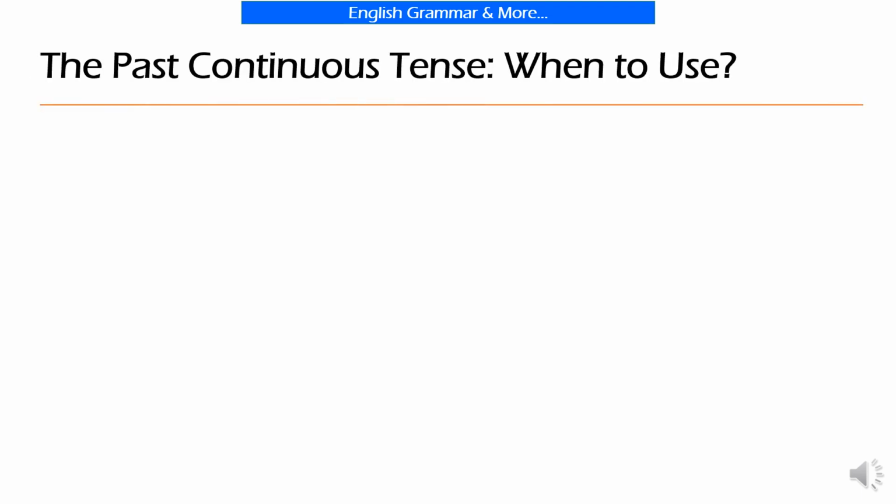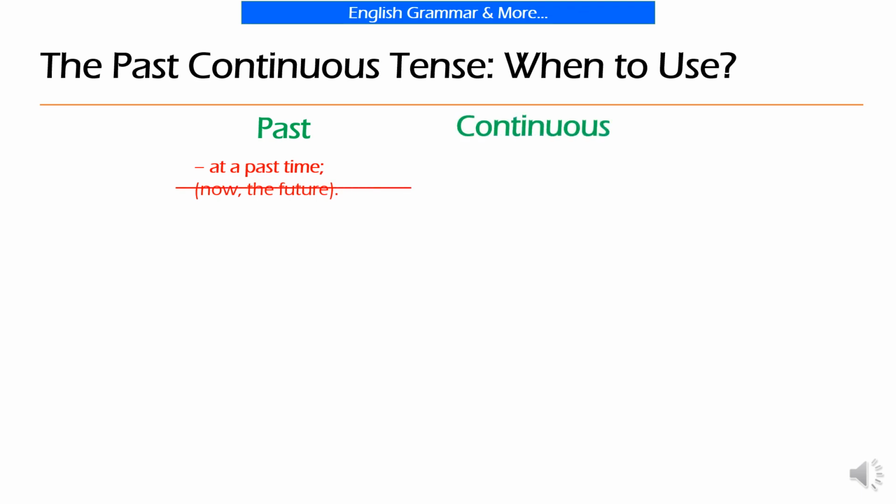Now let's see when we use the past continuous tense form in English. To know this, first let's have a brief look at the name of this tense form. When we say it's past, it means the action happened at a past time. It does not happen in the present nor in the future. And when we say it's continuous, it means the action happens in a continuous mode for a period of time.